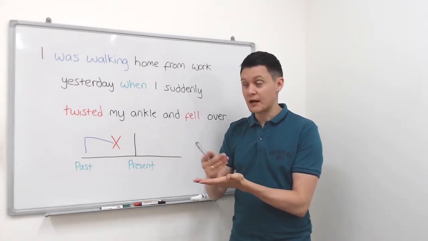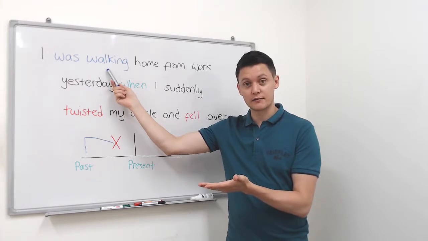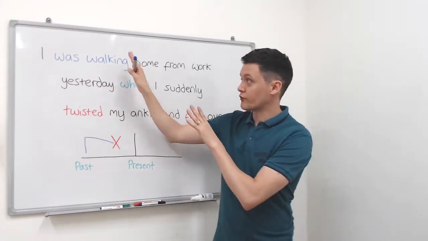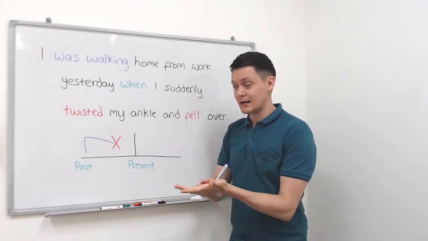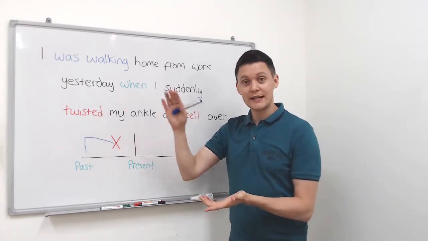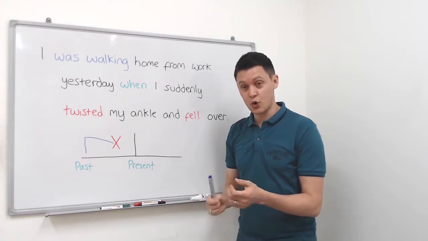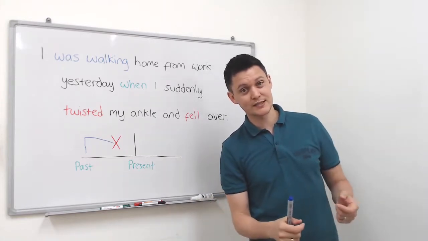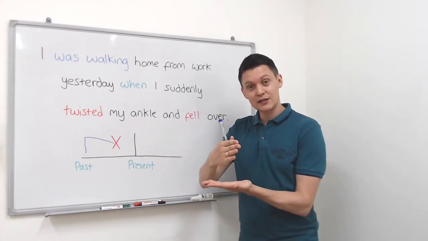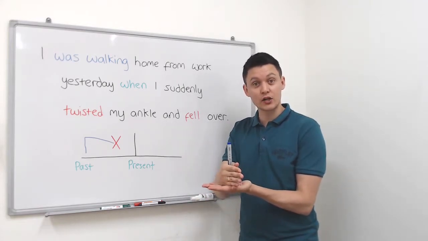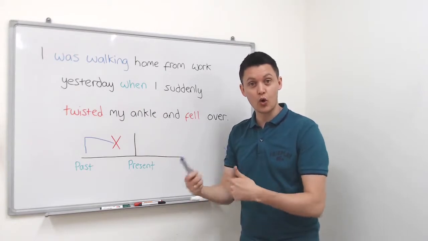The next part shows that an action happened unexpectedly, so it was probably an accident, and that interrupted my purposeful action. So one more time, we've got an action we're doing on purpose, and then bang, this action interrupts us. So I was walking home on purpose and then I twisted my ankle. That was an accident and unexpected, and it interrupted the action, so I can no longer continue walking.